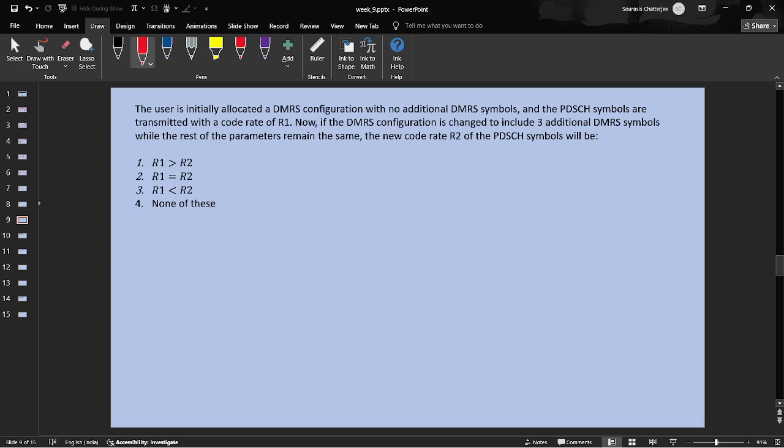Okay, so that's one way of looking at it, but let's say we are talking about code rate, right? So what is code rate here basically? We can write it as some ratio.